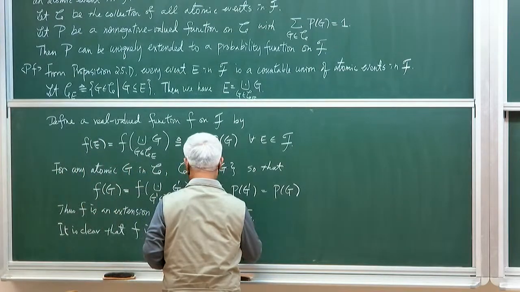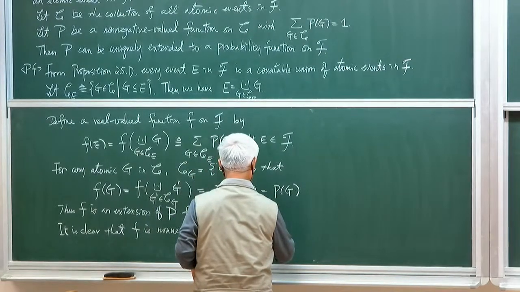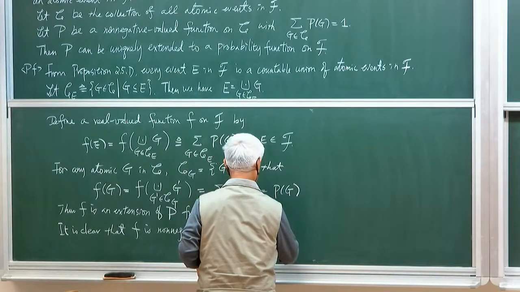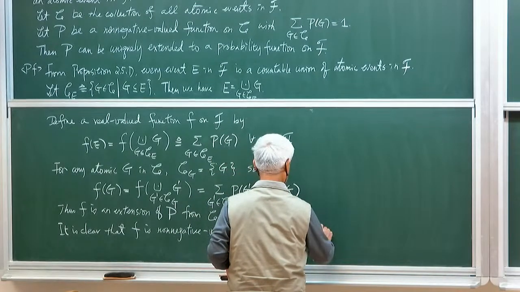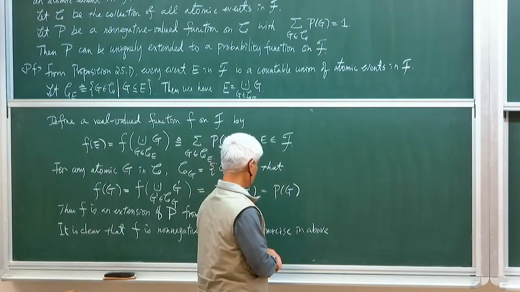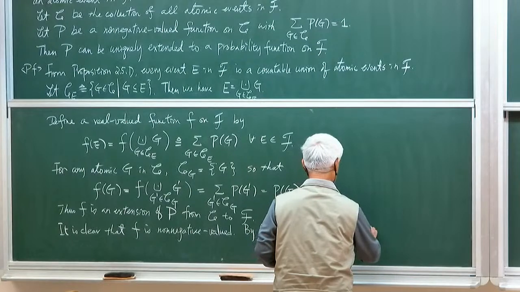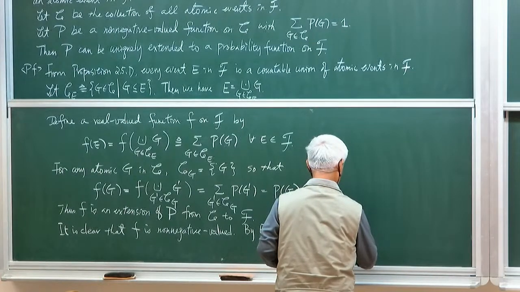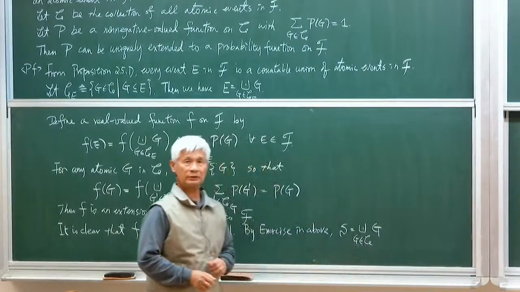And by exercise, I mentioned last Tuesday that the total event is the disjoint union of all the atomic events in the collection of all atomic events.